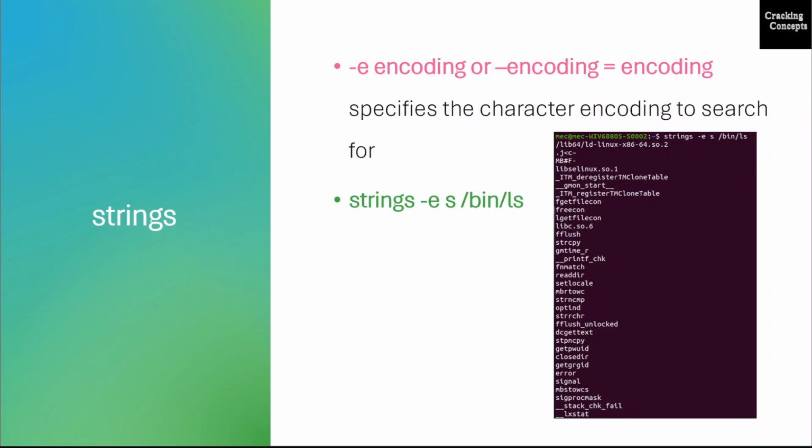So the command is strings -e s /bin/ls. So this is displaying the 7-bit ASCII, which is the default. Here also we have some of the shared libraries, function names, error messages and internal data that is displayed.